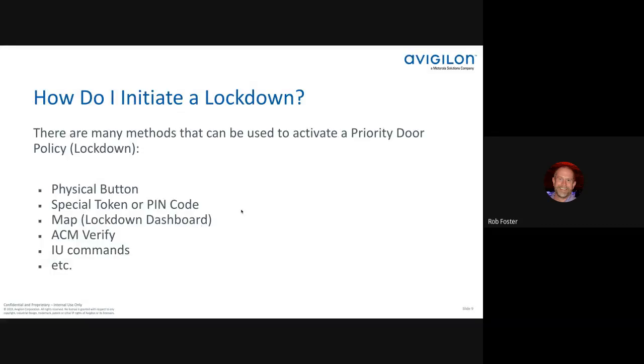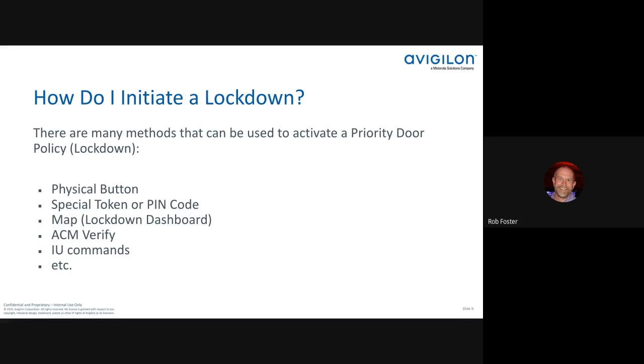So now that we've talked about using the priority lockdown, that's how we're going to secure our doors. How do we actually initiate that priority door lockdown? And so there's many different methods. You can use a physical button. You can use a lockdown dashboard, or a map.